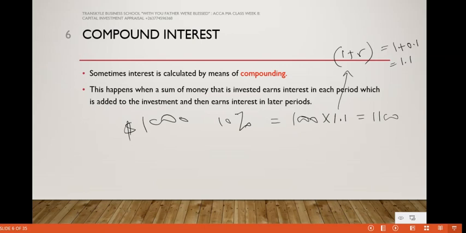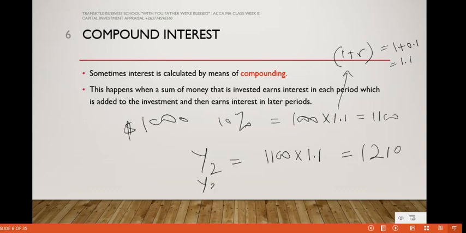All right, but now if we are going to compound this, we're going to say in year 2, you are going to earn your 10% again on top. So you are going to multiply by 1.1 again, and this will increase. If you use your calculator, you're going to get 1.1 multiplied by 1.1, it becomes 1,210.